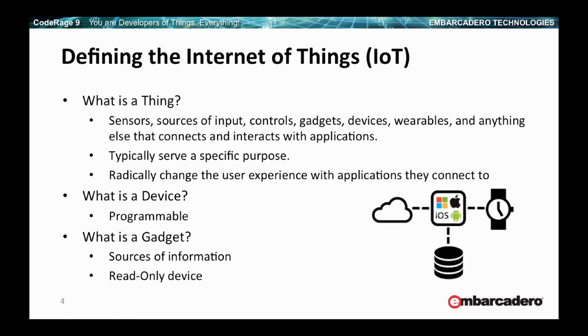Gadgets are also a kind of thing. Gadgets are sources of information that range from any kind of sensor data to gesture commands, proximity data from beacons, and traditional forms like mouse input. Gadgets do not run custom apps on the device itself, and in that way can be thought of as a read-only device.